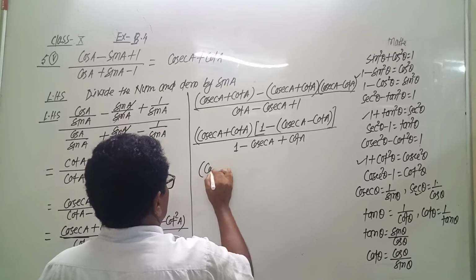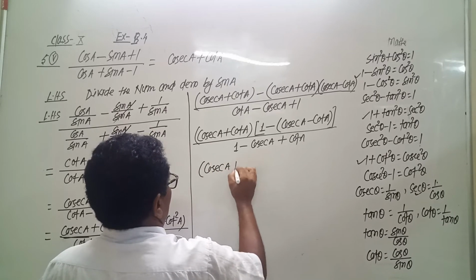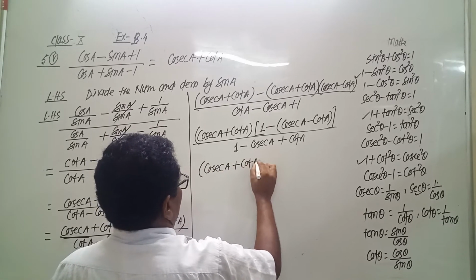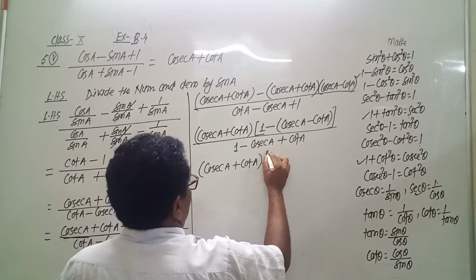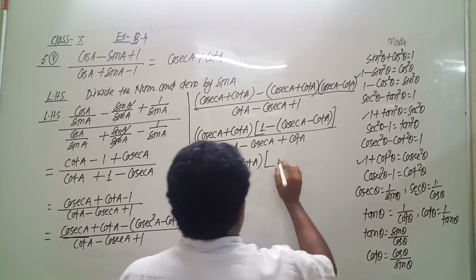Now cosec A plus cot A, and this bracket will be expanded.